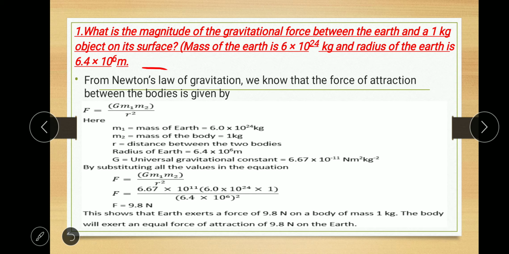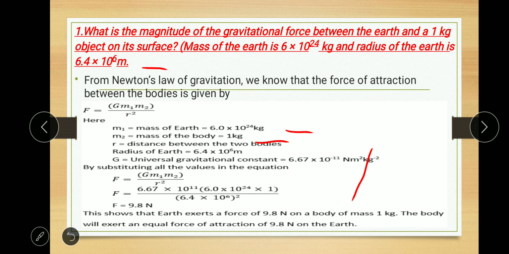M1 is the mass of Earth, 6.0 into 10 to the power 24 kg. M2 is the mass of the body, 1 kg. And r is the distance between the two bodies, that means the radius of Earth, because the body is on the surface of the Earth, 6.4 into 10 to the power 6. G is the universal constant. Value of G is 6.67 into 10 to the power minus 11 Newton meter square per kg square.